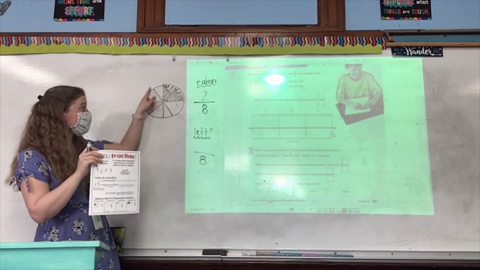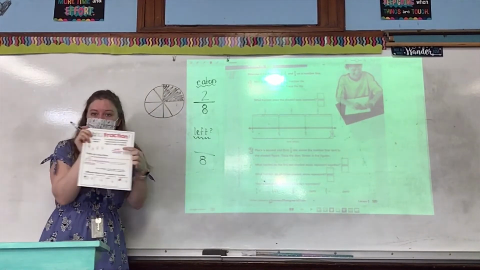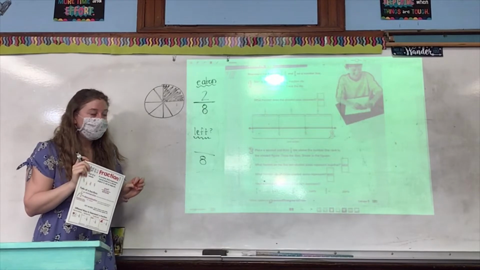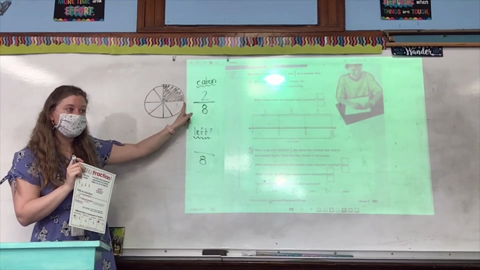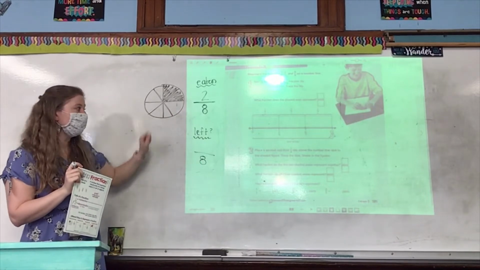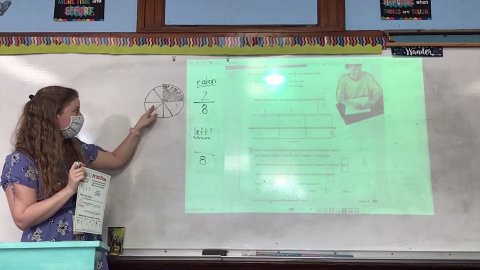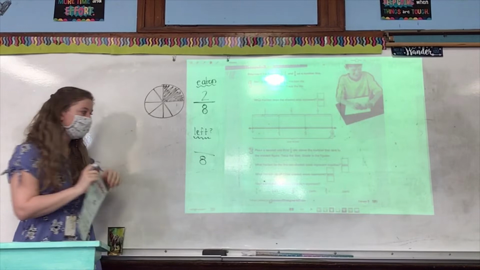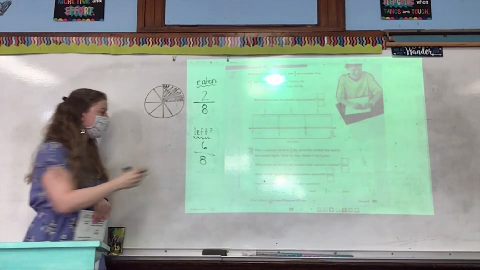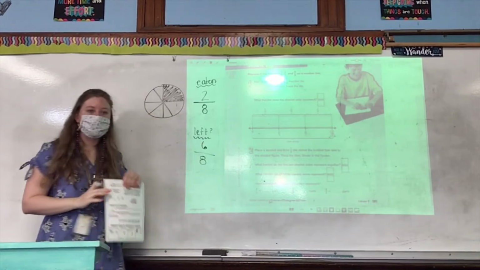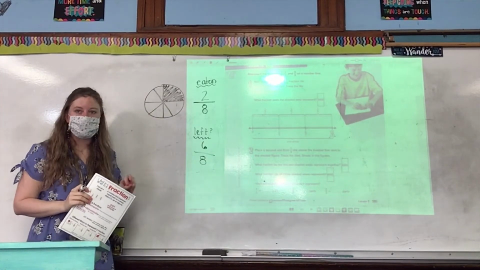So there are 8 pieces in this whole pizza. But instead of saying how many pieces I've eaten, which was 2, I'm going to say how many are left. 1, 2, 3, 4, 5, 6. Which means 6 out of 8 pieces are left, or 6/8.